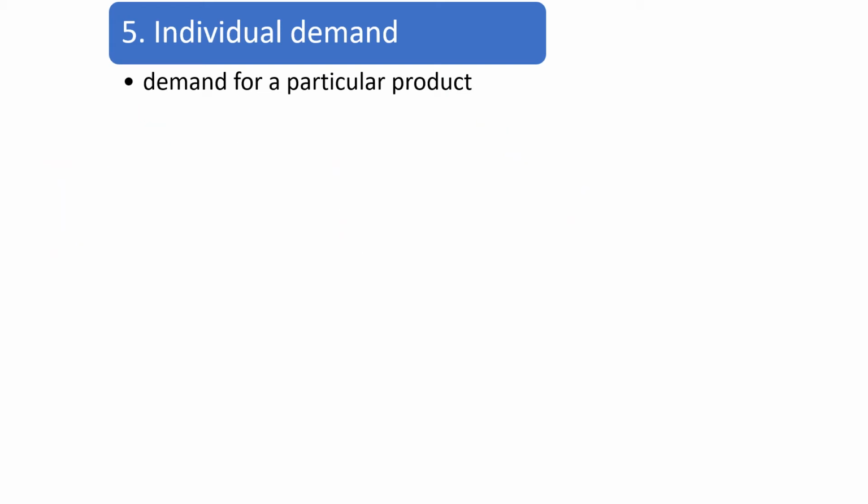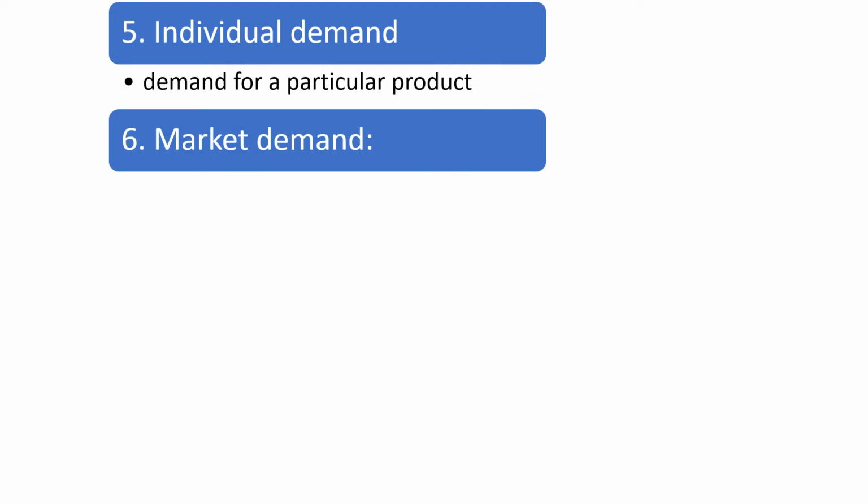Now, the next one is market demand. So, what do you think about the market demand? Maybe everyone will be thinking it is about the individual who will purchase more and the demand will also be more. Okay, if your answer is like this, so what about the commodity? Is it one or many?